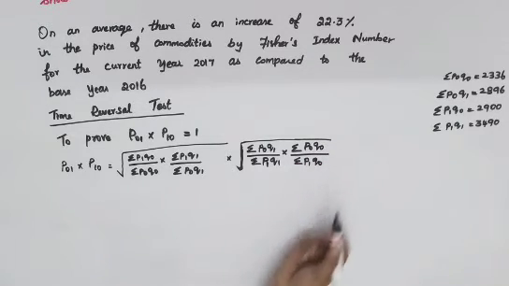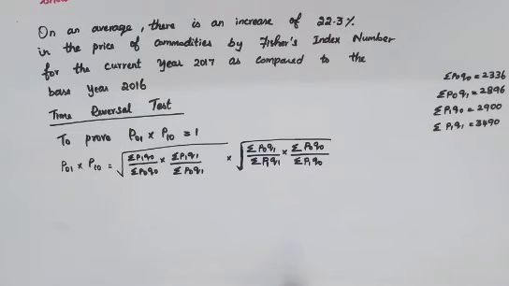So changing your naught to 1 and 1 to naught, you will get your second part. Okay, so this is your formula for your P01 into P10.